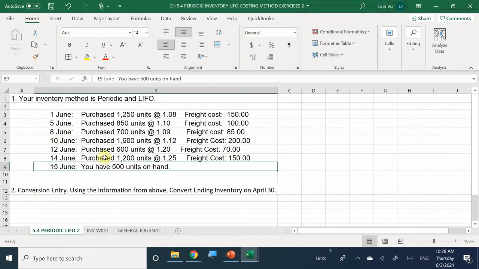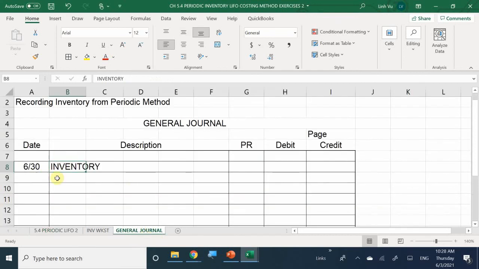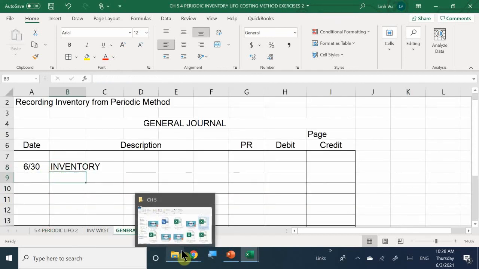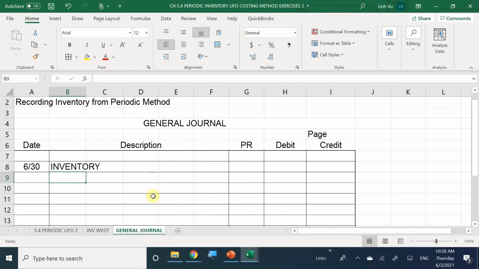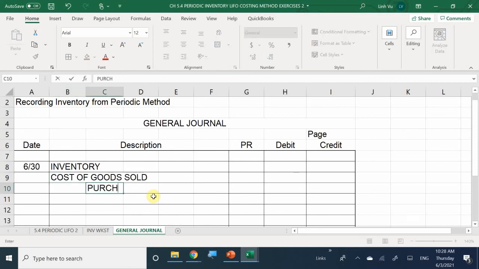In this case, I did not specify what items I purchased, so in this case, inventory is correct. What else do I need to recognize? Cost of goods, purchase expense, freight expense.